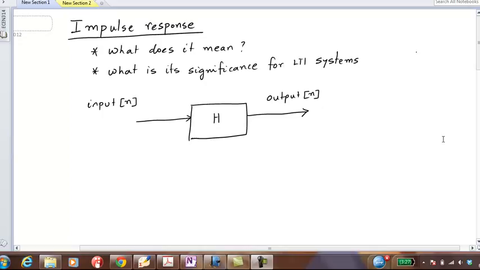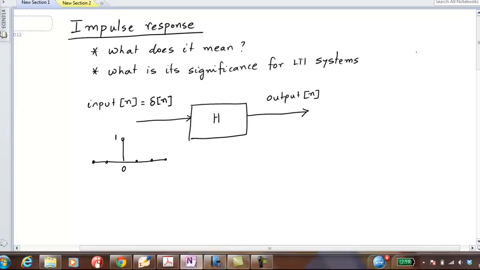So let us say we have a system H, and let's first consider a discrete time system. If I input a certain signal into this system, I'm going to get a certain signal at the output of the system, right? Suppose we consider an input which is the unit impulse signal, a signal which looks like this, which is non-zero just at time n equal to 0 and is 0 everywhere else.